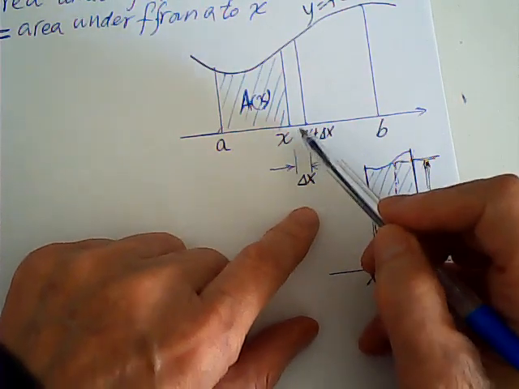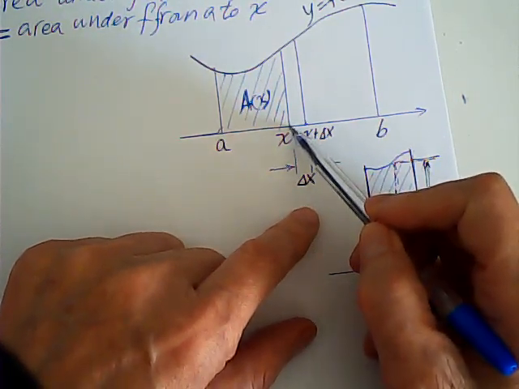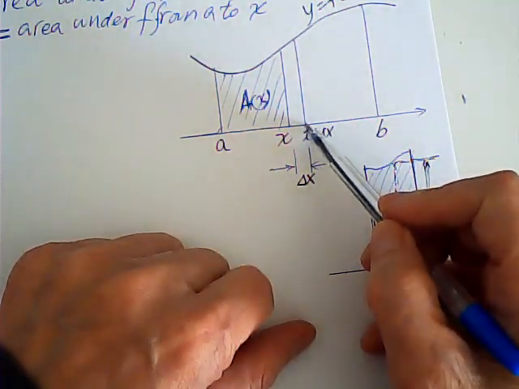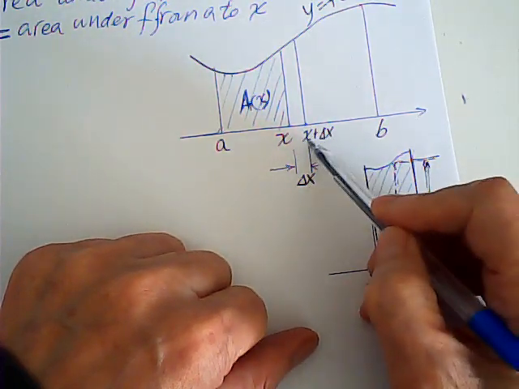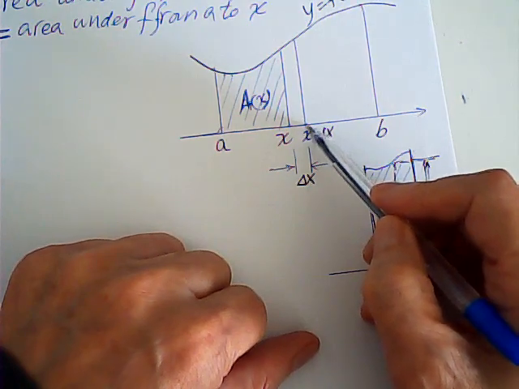Now, if x increases a very small amount, which is called delta x, so this point is x plus delta x, right?